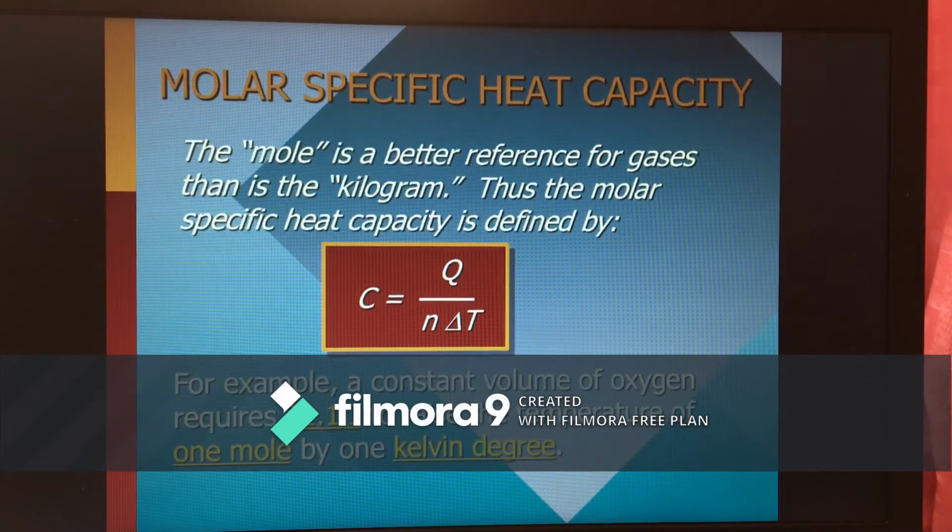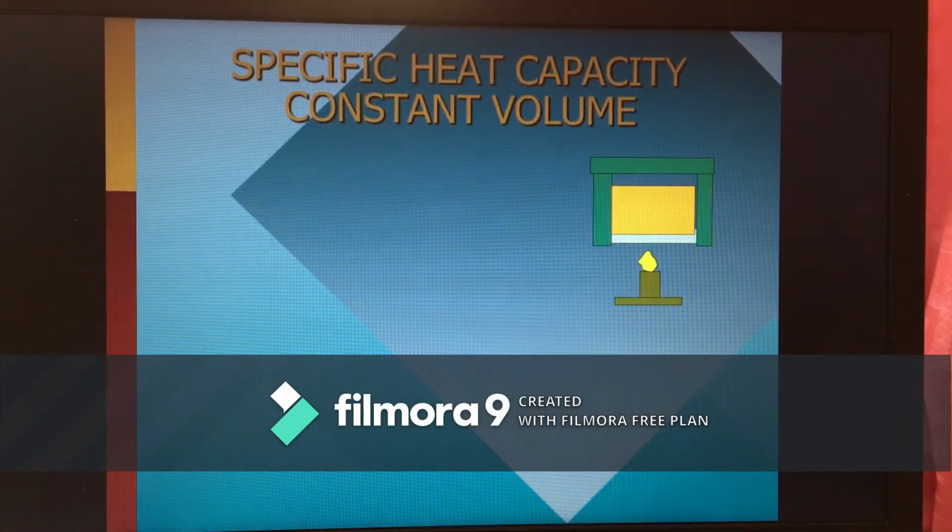For example, a constant volume of oxygen requires 21.1 joules to raise the temperature of 1 mole by 1 Kelvin degree.